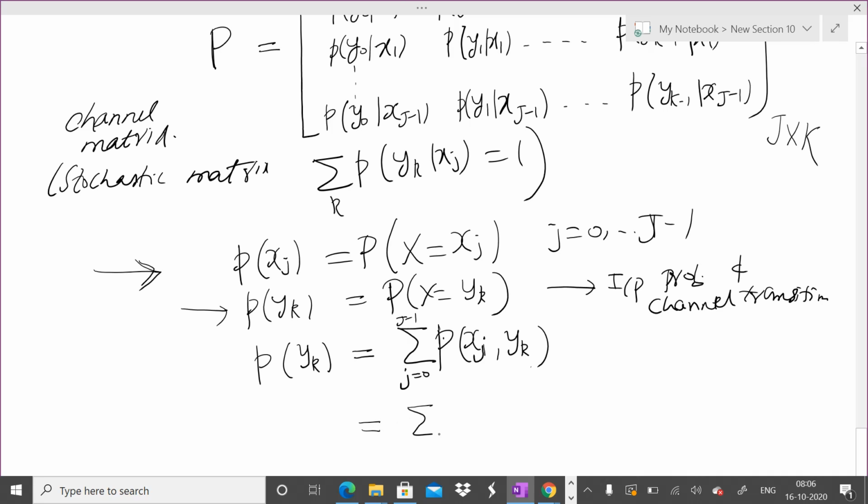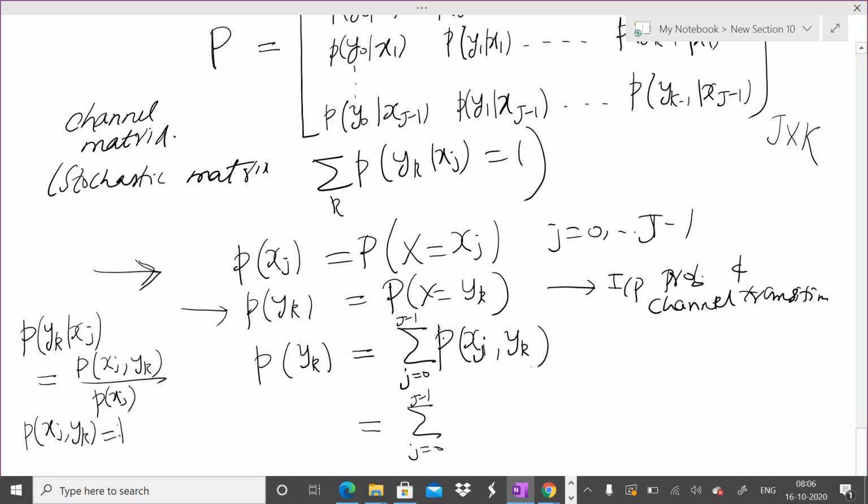Now, how can we write this in terms of known quantities? How do we write the joint? I will repeat: probability of yk given xj, the conditional probability, is equal to probability of xj yk divided by probability of xj. Hence probability of xj yk is equal to probability of yk given xj times probability of xj.